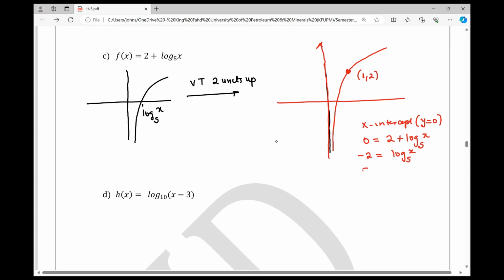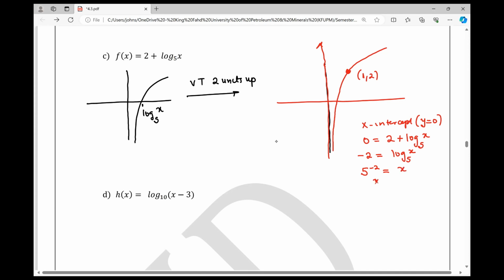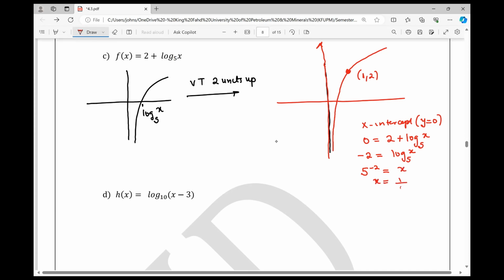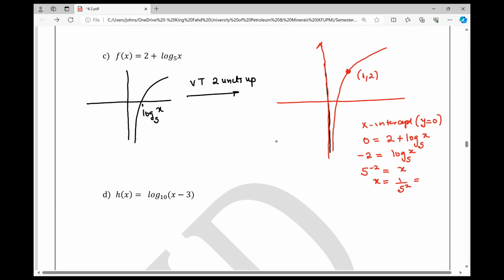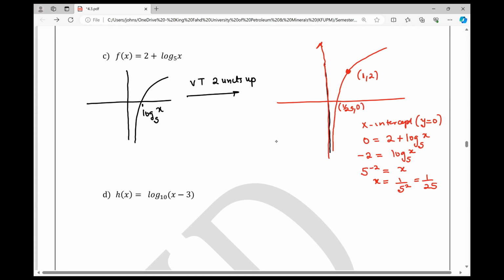So this gives us that 5 to the power -2 equals x, right? So x is just 1 over 5 squared, which is 1 over 25. So it means your x-intercept is going to be 1 over 25, comma, 0. And we're done.